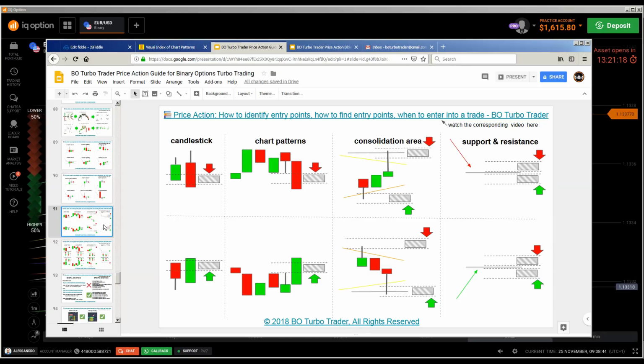If you are impatient and like to be heard, then you don't wait for the best entry point. But if you want to do good trades, you should wait for the entry point. And that is what I'm showing you over and over again in my live trading. I always say, if price goes above this level, I will enter into a put. I already know the direction where I will enter, but I wait for the confirmation of the market to give me the best possible entry point to get into the trade.